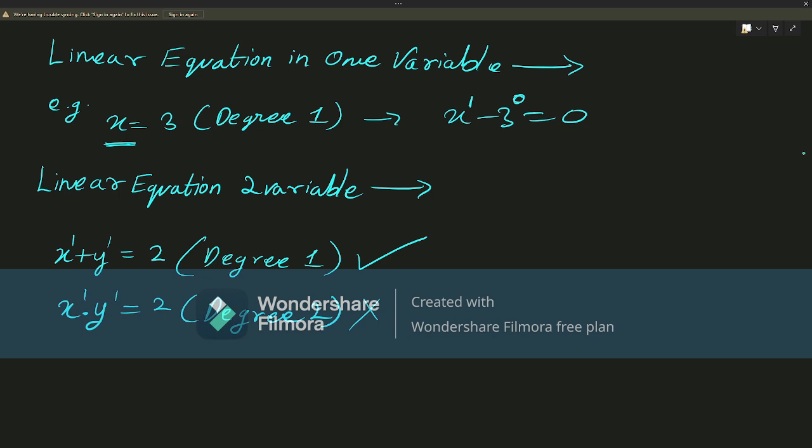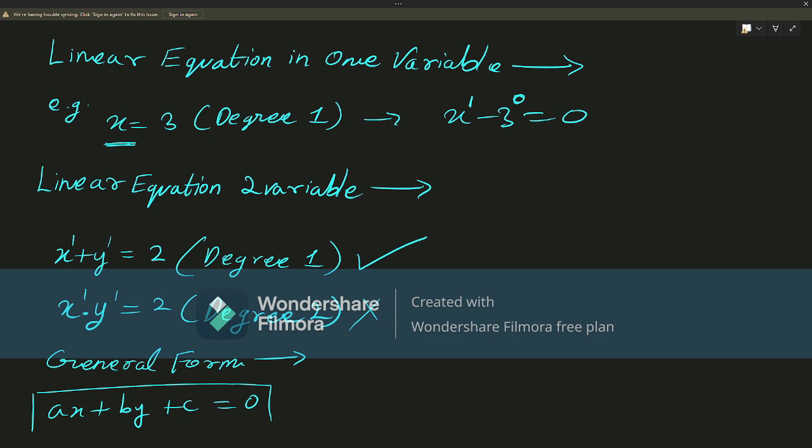Now let's talk about the general form that you need to know for linear equation in two variables. This general form is very important for solving questions. The general form is ax plus by plus c is equal to 0. This is the basic general form that you're going to need.